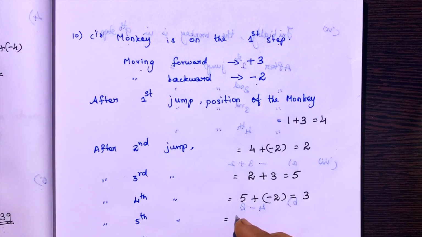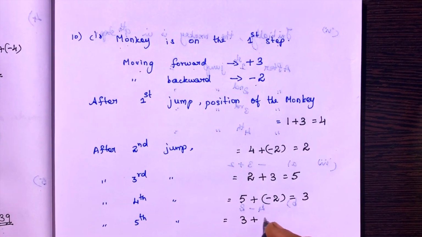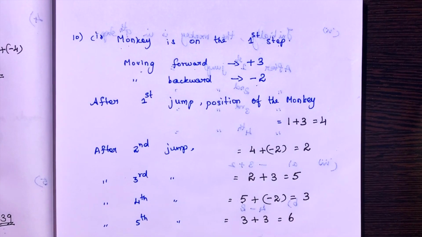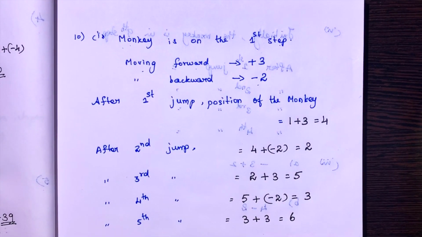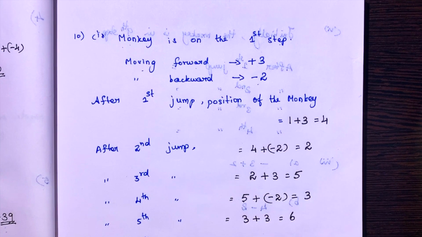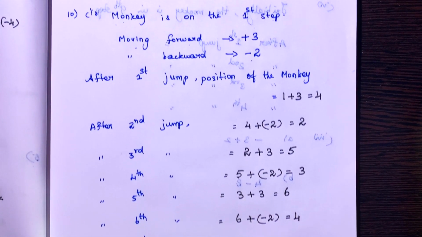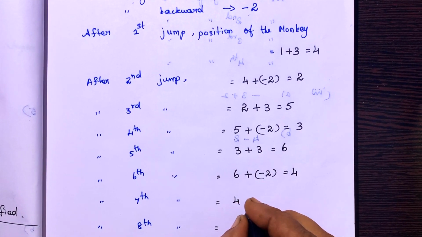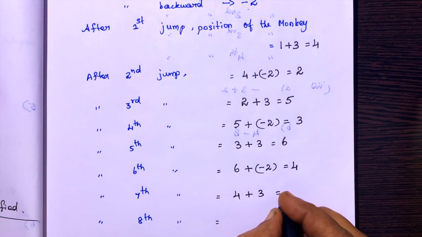After the fifth jump, 3 plus 3 is equal to 6. Then again 6 plus minus 2 is equal to 4. Again, till you reach number 9 you have to move.